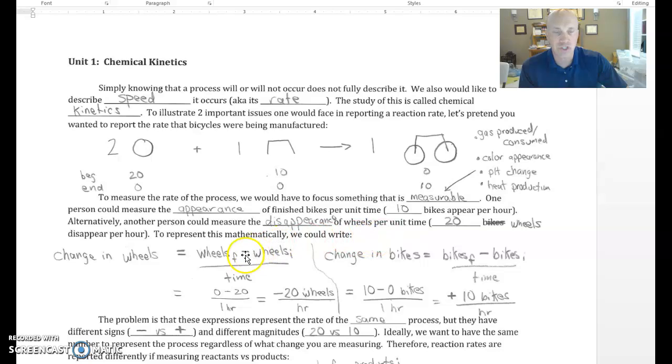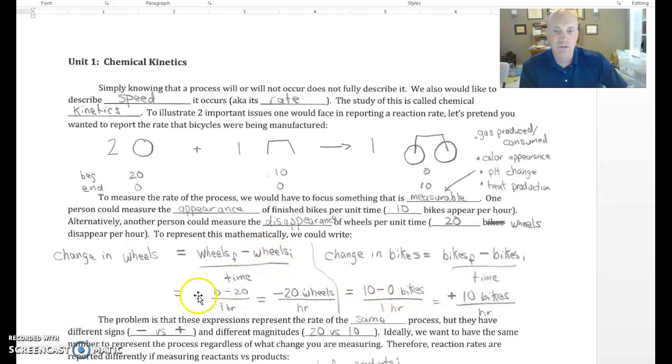So change is always final minus initial. If we wanted to measure the rate of change in the amount of wheels, it would be the final amount of wheels minus the initial amount of wheels, divided by the time. If we wanted to measure the change in the bikes, focusing on how many bikes were coming off, it would be the final amount of bikes minus initial, over time.